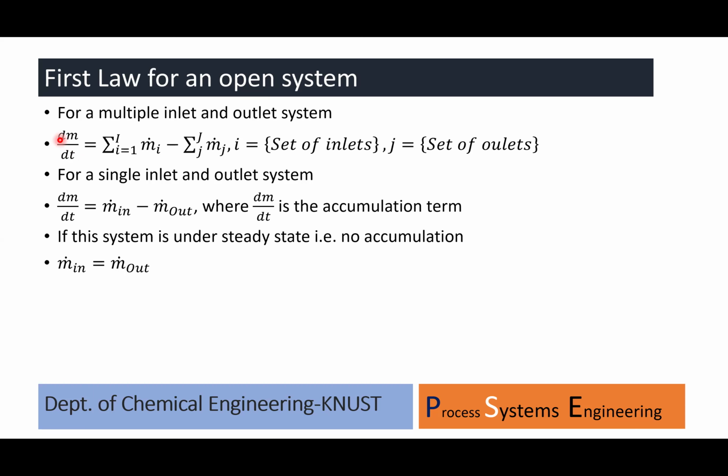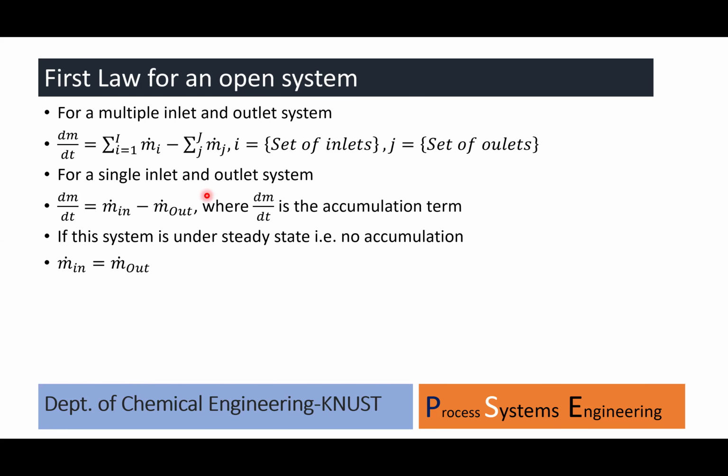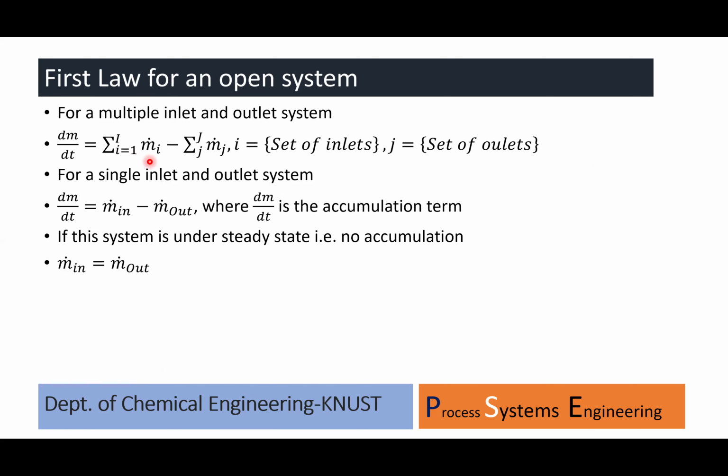And what we said was that it is equal to the flow out minus the flow in. If we look at this, we can have this first expression here and then this second expression here. This first expression is considering all the flow coming in, and this one is considering all the flow coming out. Is that okay? The system you have might have more than one inlet, more than one outlet.